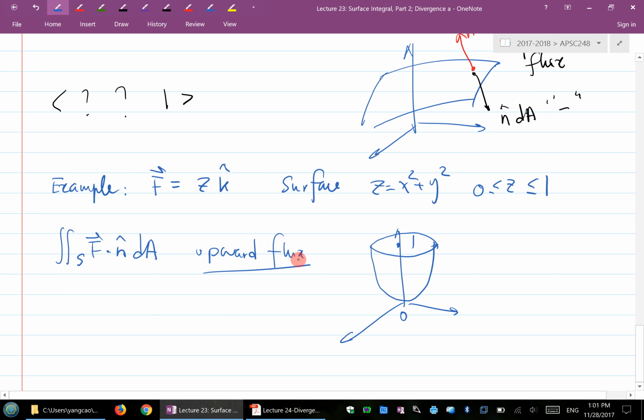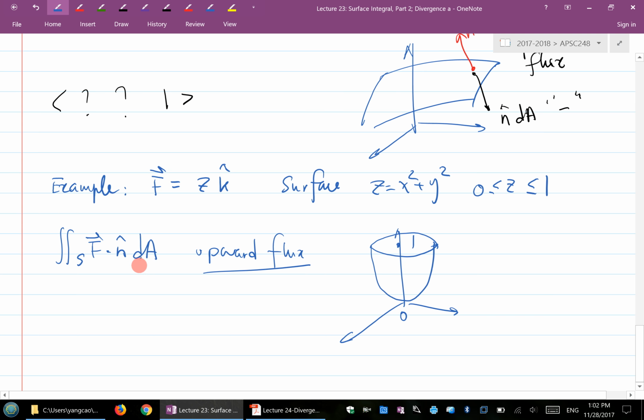Before I do any calculation here, I want you to think: if you interpret this correctly, you can answer this question correctly. What would you think the answer for this calculation is? Would it be positive, negative, 0, or something else?